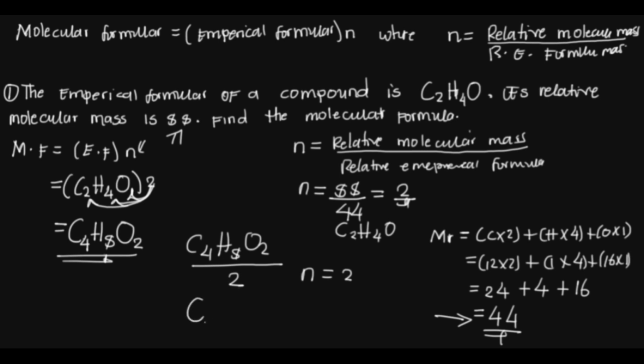So 2 into 4 is 2, 2 into 8 is 4, 2 into 2 is 1. So if you are looking for the empirical formula given the molecular formula and the value of n, you divide. If you are looking for the molecular formula given the value of n and the empirical formula, you multiply by the value of n. Okay, let's have another example.